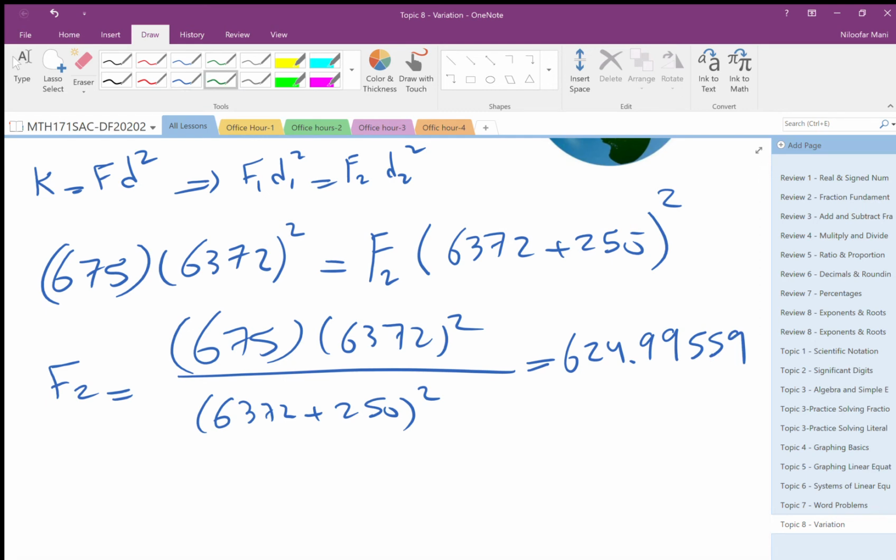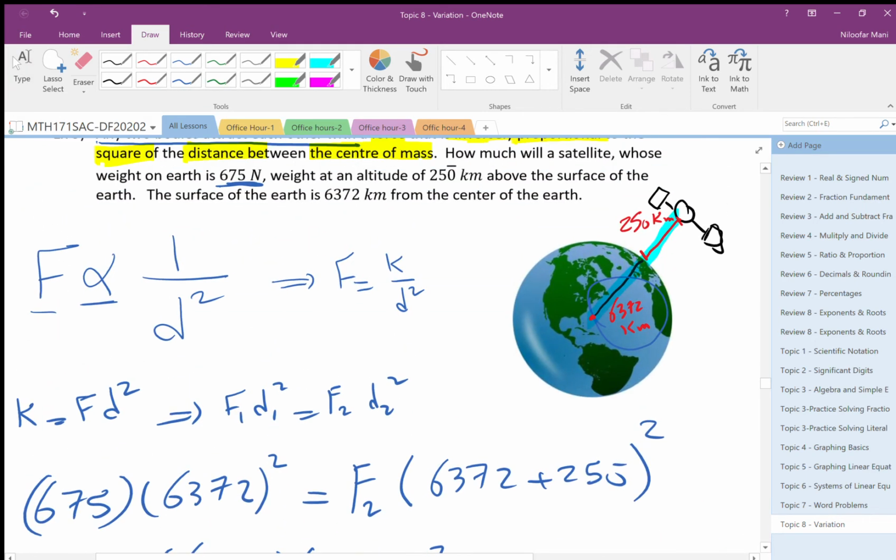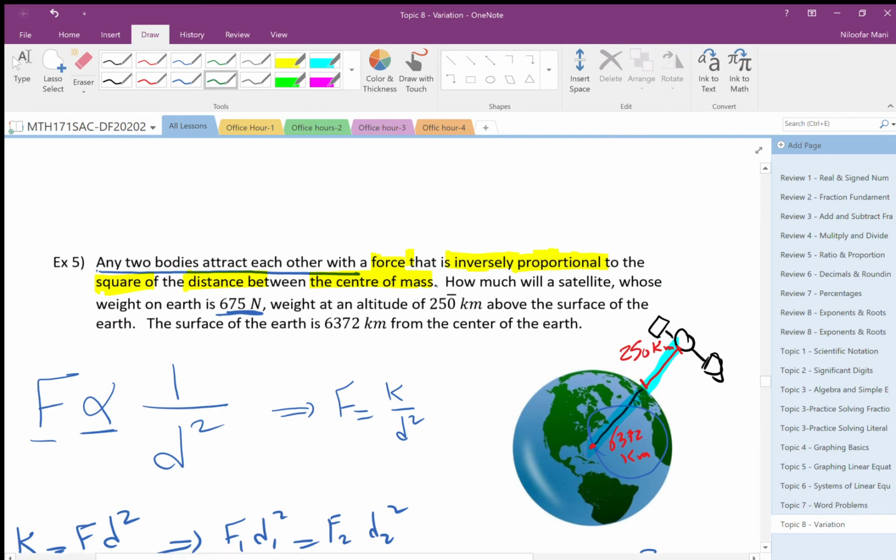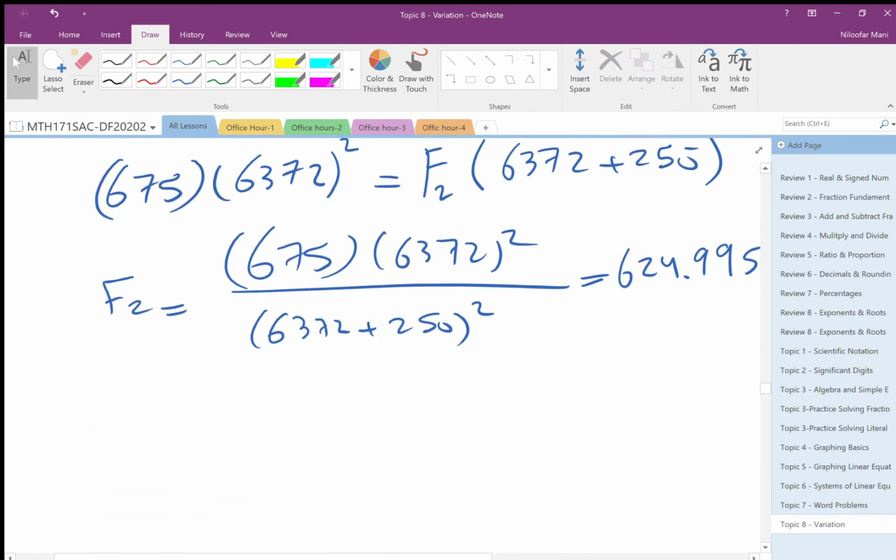Look at this. Here it means 3 significant digits.